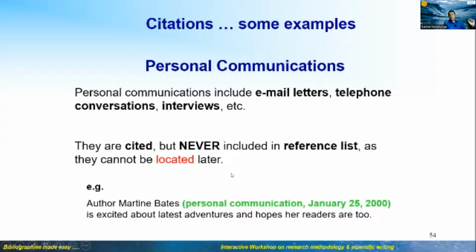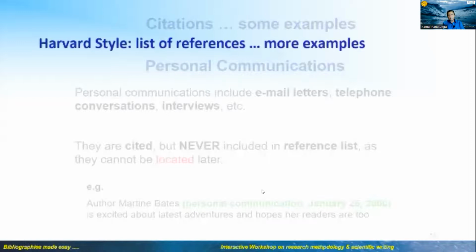Now, the most important thing is that it is only an in-text citation. There won't be any entry in the reference list, because no one can trace it. You put things in the reference list for someone to trace, and if you can't trace it, there's no use. So it's not going to the reference list.